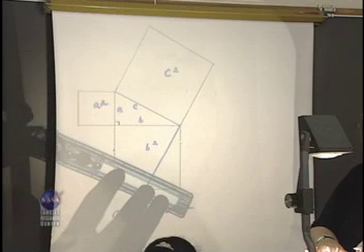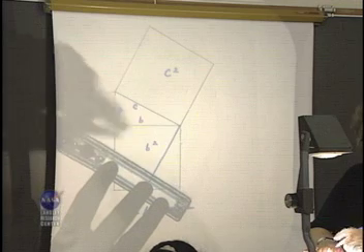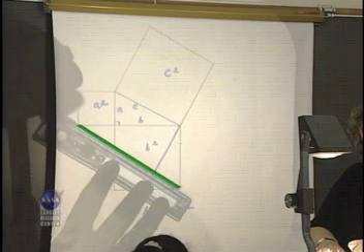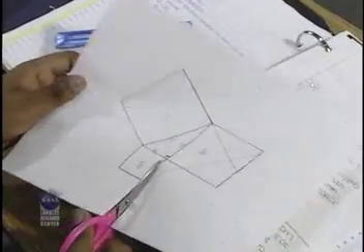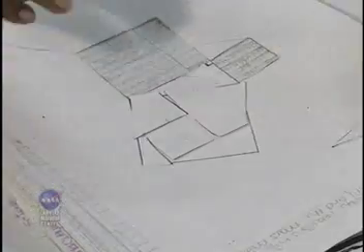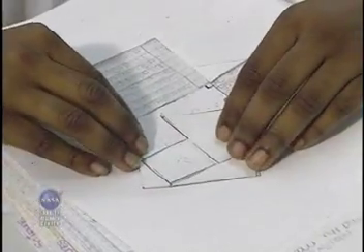Now connect the lower corner of b to the bottom edge of a squared. This will form a perpendicular line. Now take your scissors and cut out a squared in one piece and b squared in the pieces that you've cut it into. And then we'll fit it all onto c squared to prove that Pythagoras was right.